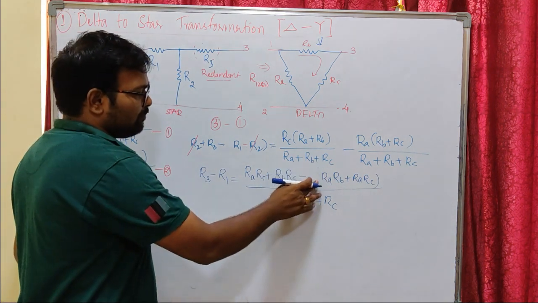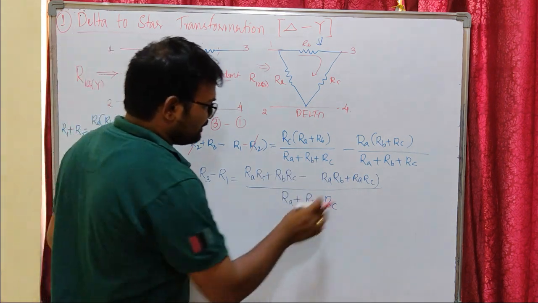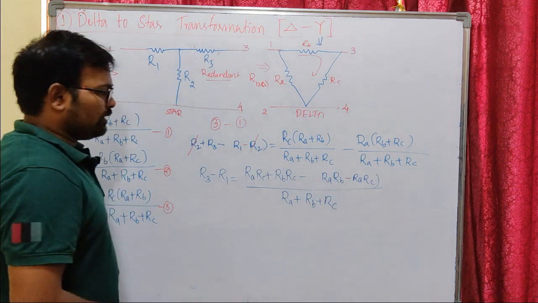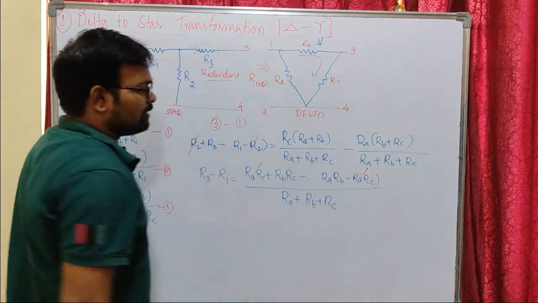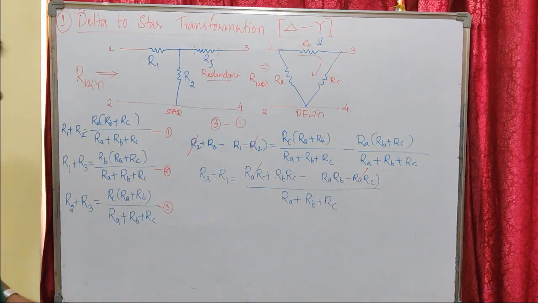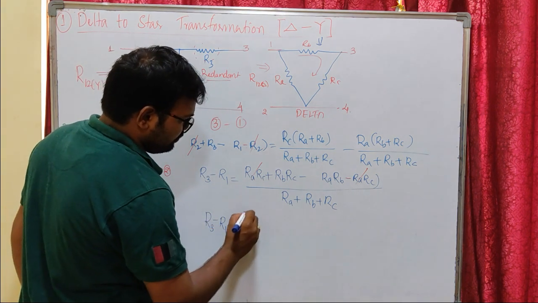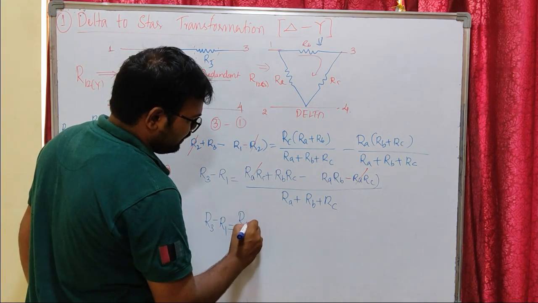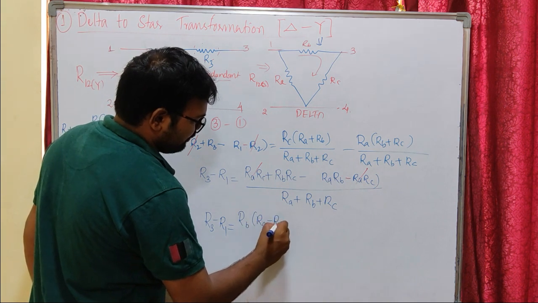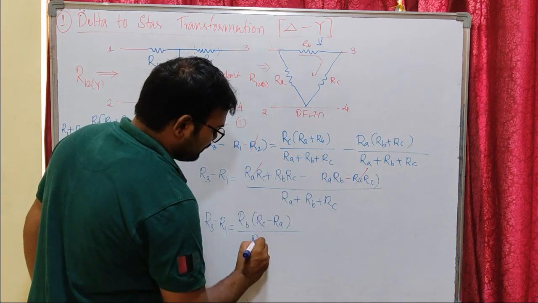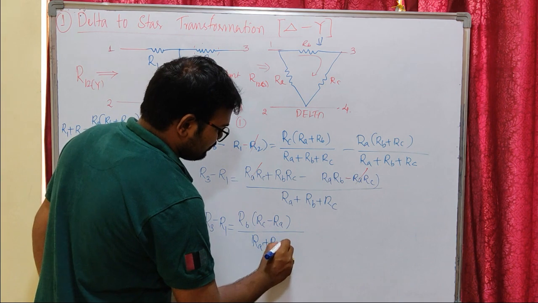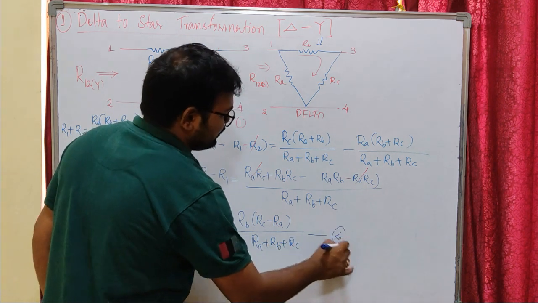Now let us multiply this minus into the bracket. Here RA RC will get cancelled, so we are left with R3 minus R1 equal to, taking RB as common, RB into RC minus RA by RA plus RB plus RC. Let us take this as equation 4.